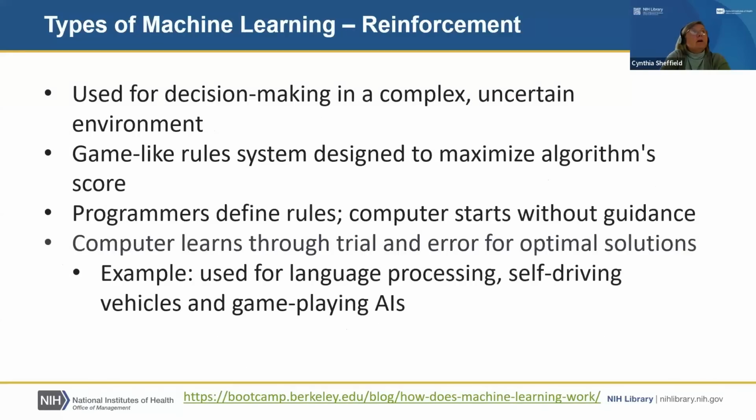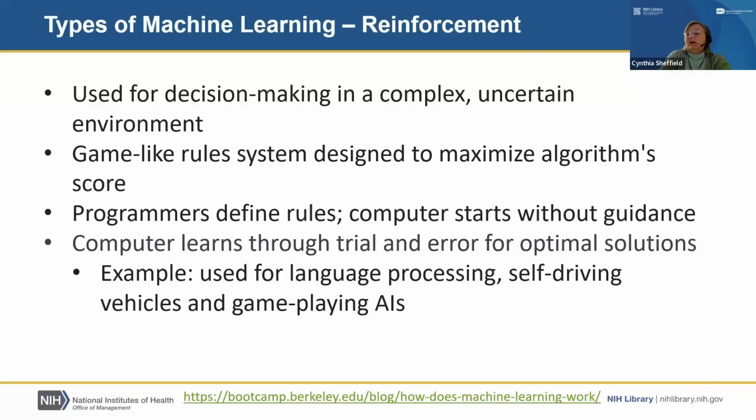And so generally, semi-supervised learning algorithms use features found in both structured and unstructured data in order to achieve that objective. And then reinforced learning is used when an algorithm needs to make a series of decisions in a complex, uncertain environment, which is most environments. Reinforced learning algorithms are designed with a game-like rule system to reinforce or discourage certain choices, with the algorithm attempting to maximize its score.